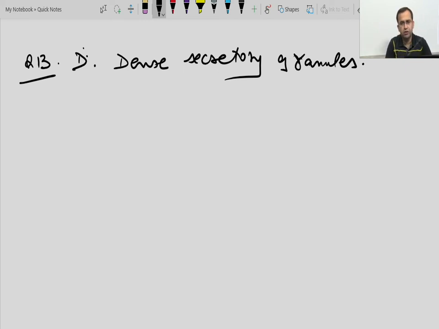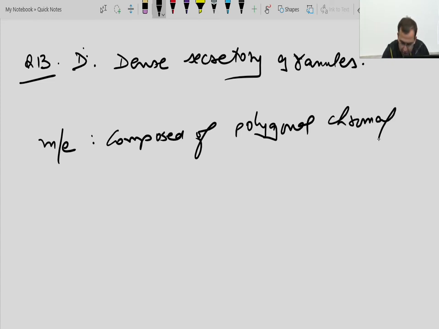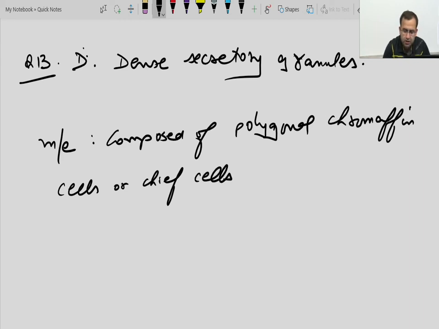So before we go further, let us see what they microscopically look like. Paragangliomas microscopically are composed of polygonal chromaffin cells or chief cells, which are clustered into small nests.